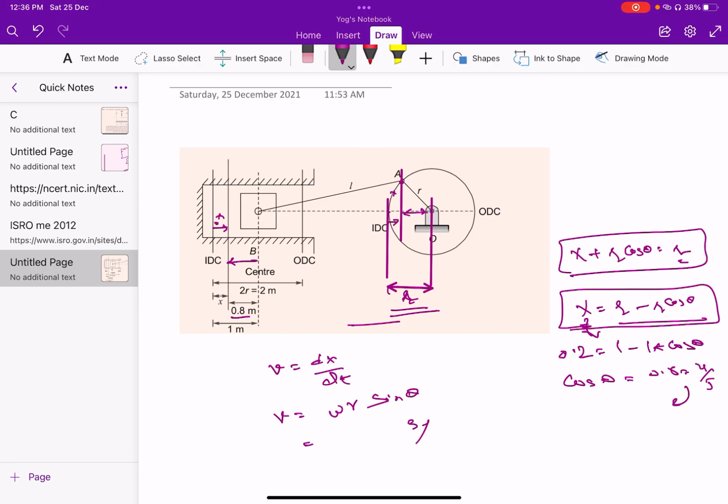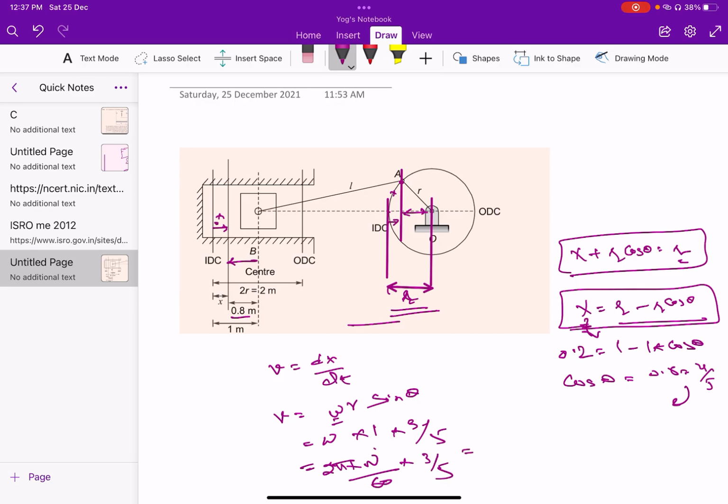It is 3 by 5 into r, which is 1, and omega we have been given. Omega we can write as 2 pi into n divided by 60, into 3 by 5.